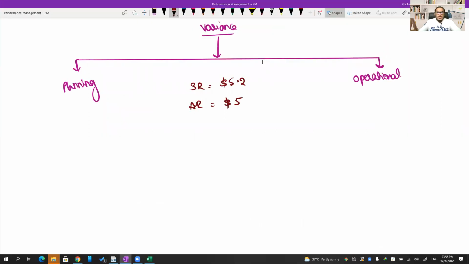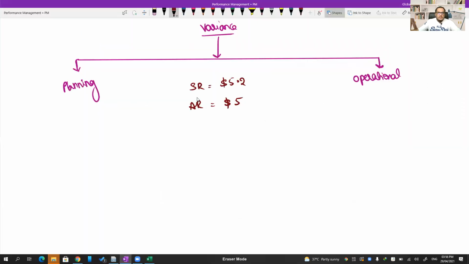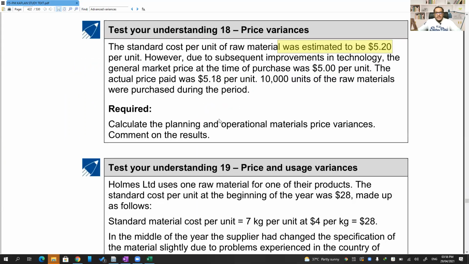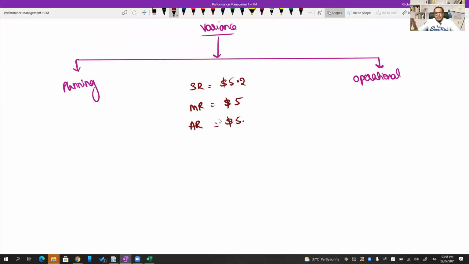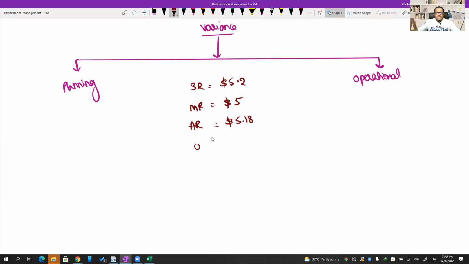The actual price paid was 5.18. Market rate was $5. Actual rate was $5.18. And 1,000 units of material is purchased. Actual quantity is equal to 1,000 units. Sir, this is the information which is given to you.